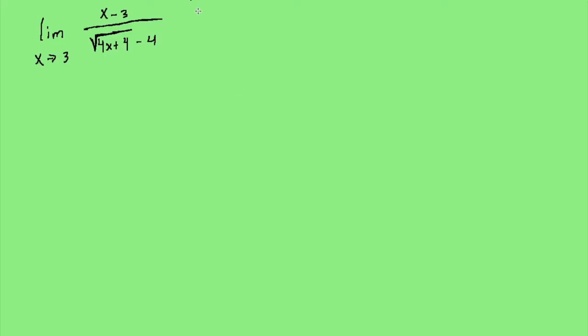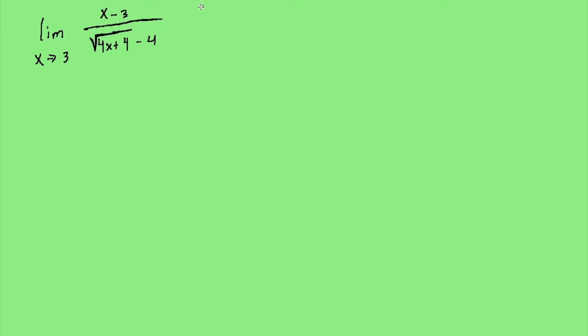Let's look at one more example. The first thing you would do is plug in 3 and see if it works if you wanted to find this limit. However, if you plug in 3, you're just going to get 0 over 0, this indeterminate form. We can't determine what the limit is if we just plug in 3. So we need to manipulate this a little bit using the method we just talked about.